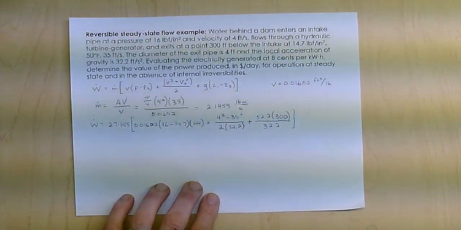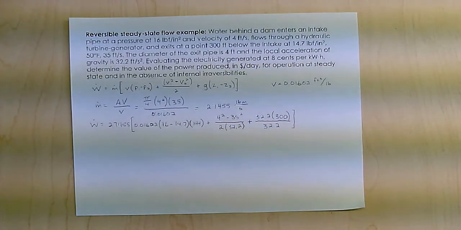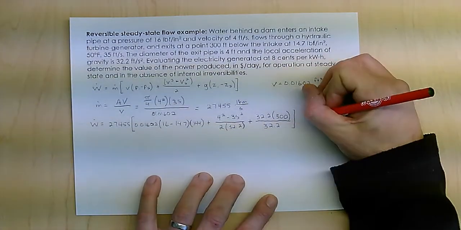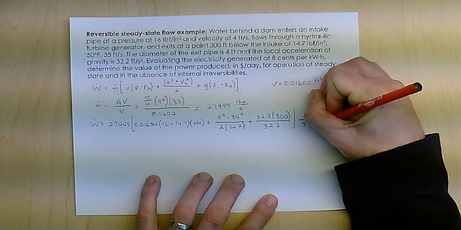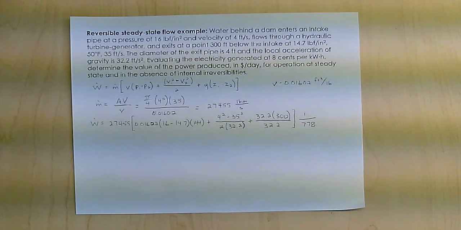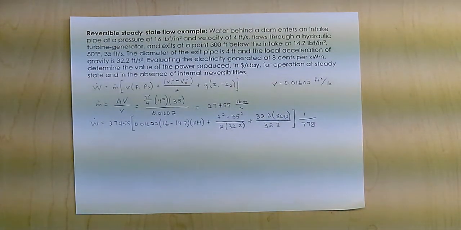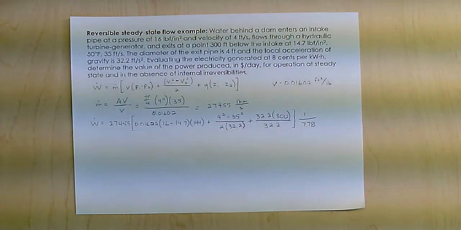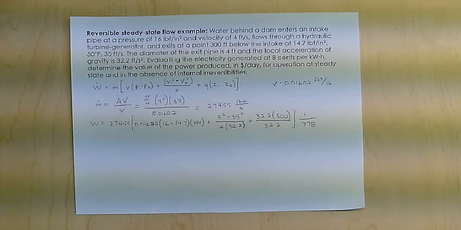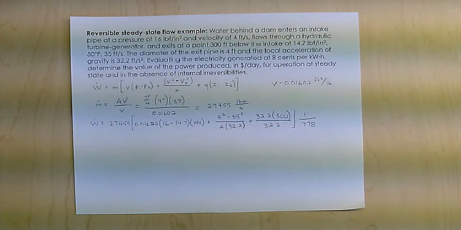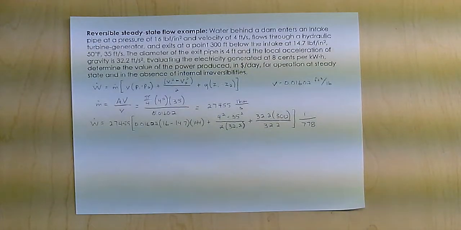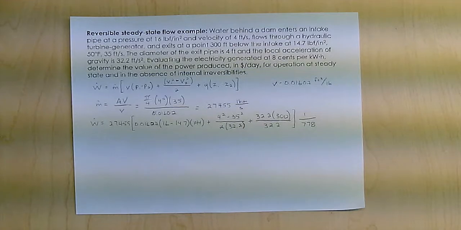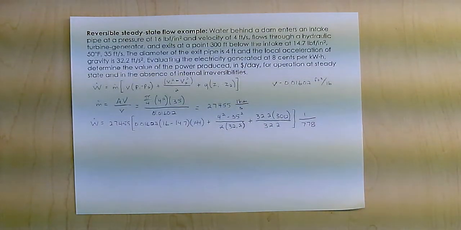I want to get this in BTUs. So what I do here is I divide this by 778 to get this into BTUs, and that would actually be BTUs per second. And then I need to take that and get this into kilowatt hours, right?